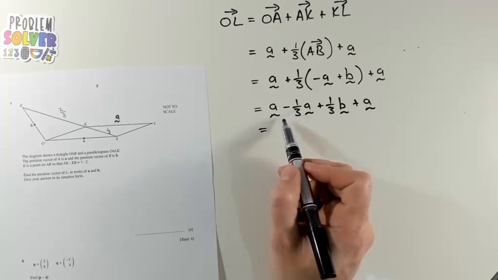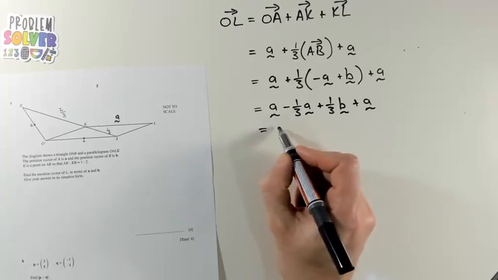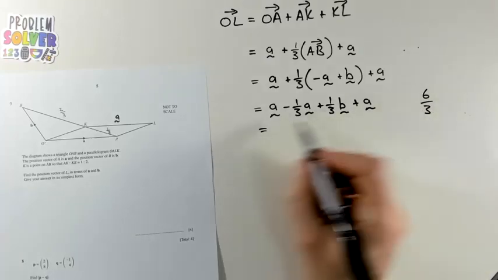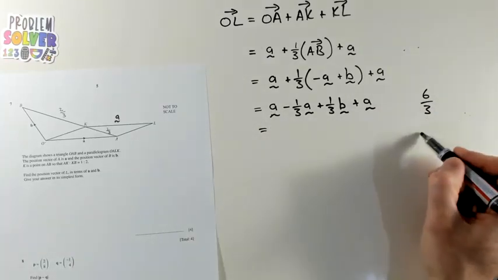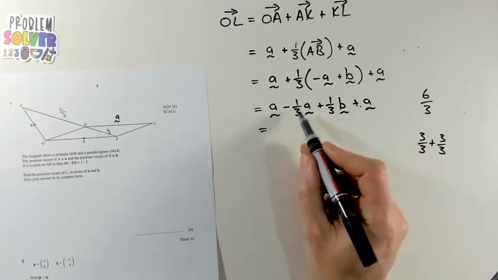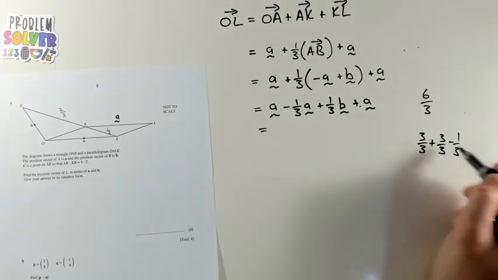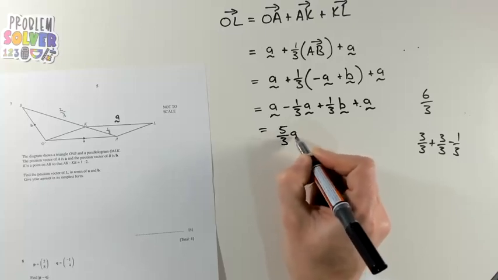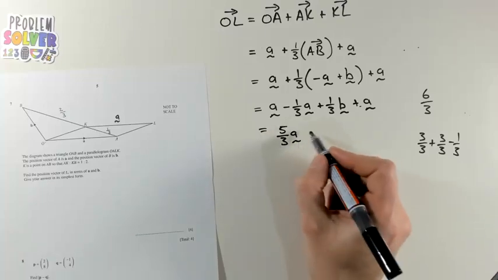Well, 2A is 6/3, right? Because that A is 3/3 plus that A is 3/3. And then I'm taking off a third. So I'm going to be left with 5/3A. It's just easier to write like that.